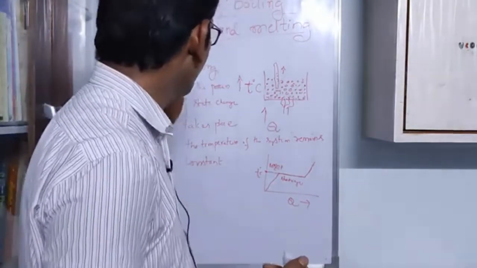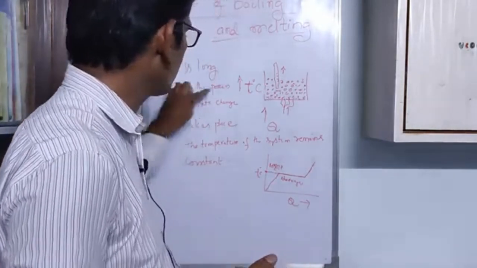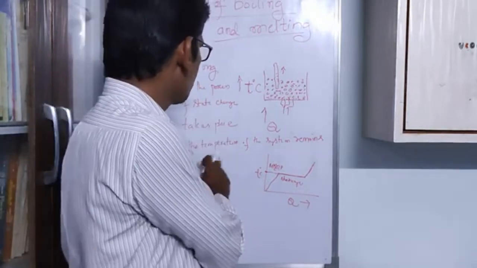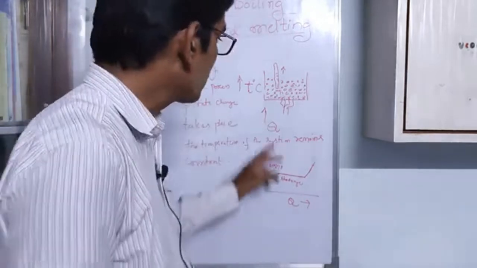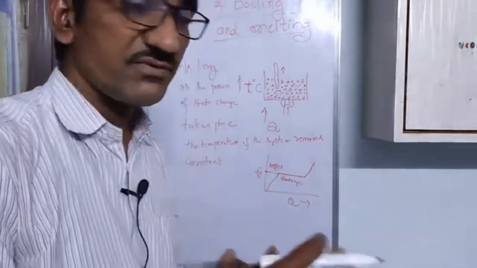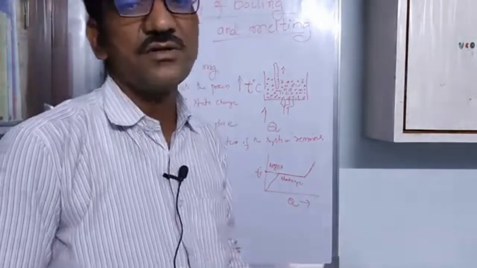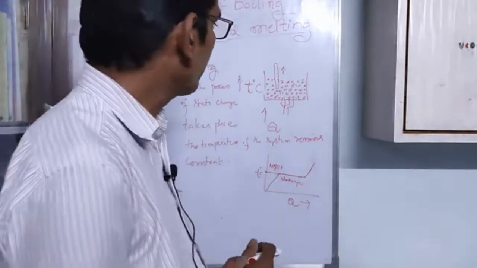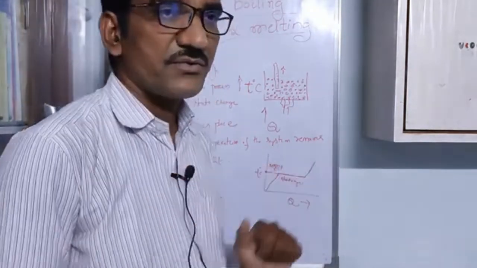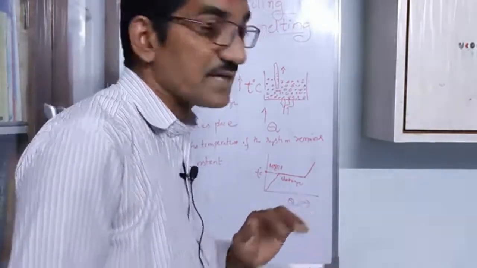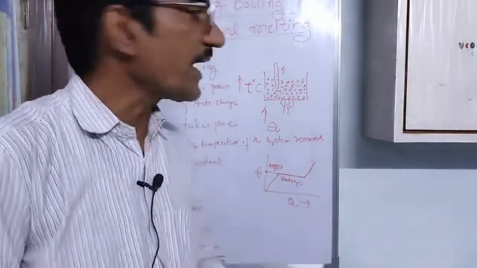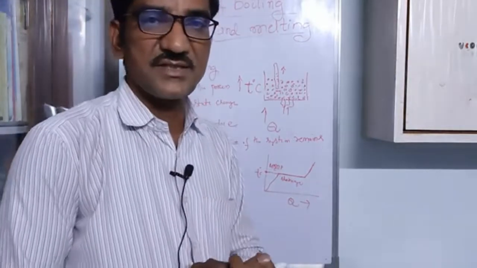Here also you may make the same statement: as long as the process of state change takes place, the temperature of the system remains constant. You can make the same statements in this process also, that means liquefaction of the ice into water. These are the very important points we have to remember. So there is a great physics, or great magic, behind the boiling and melting of the substances.